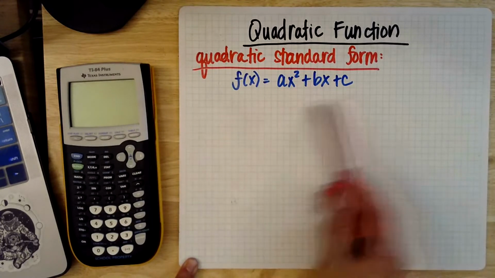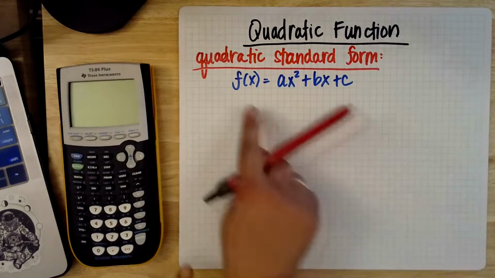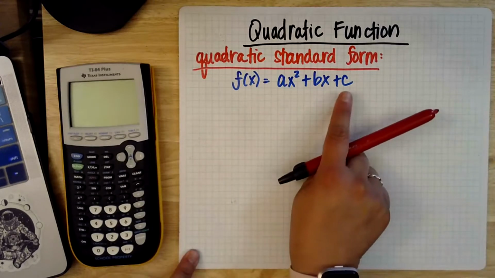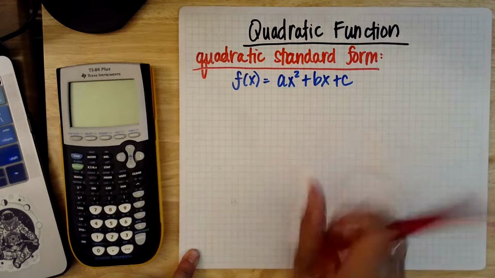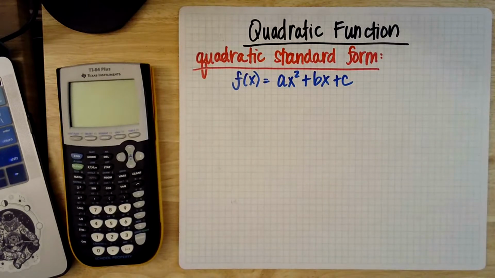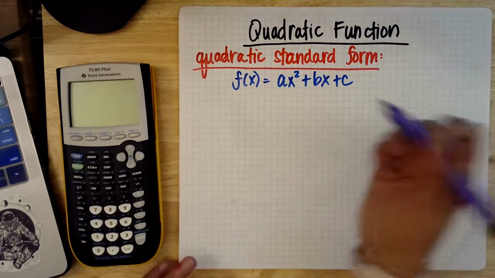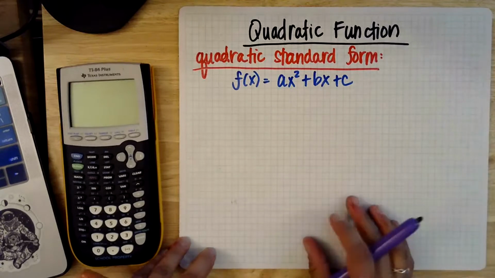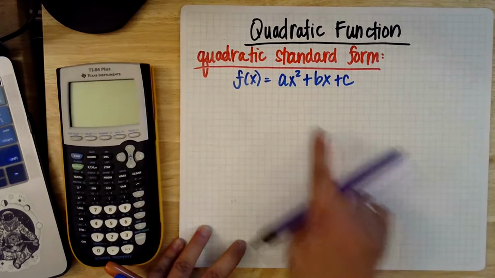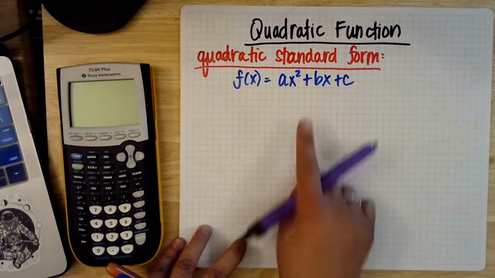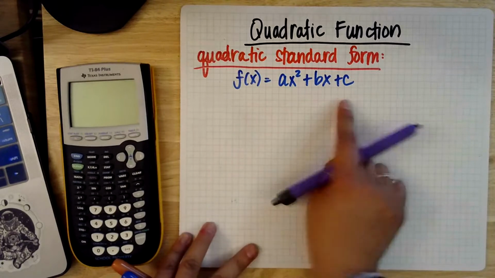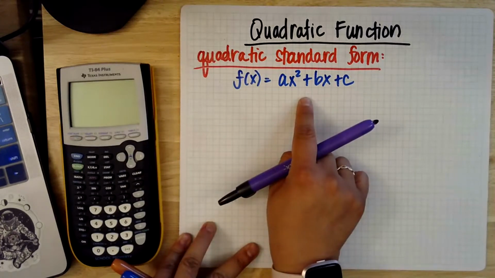And this is the most important format of the function because we get to know a lot of its features from here. So a quadratic function is a parabola, and this particular version will give me a lot of information.